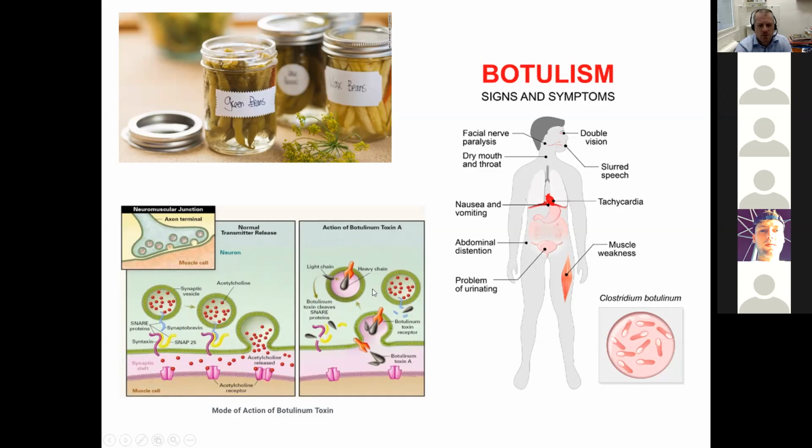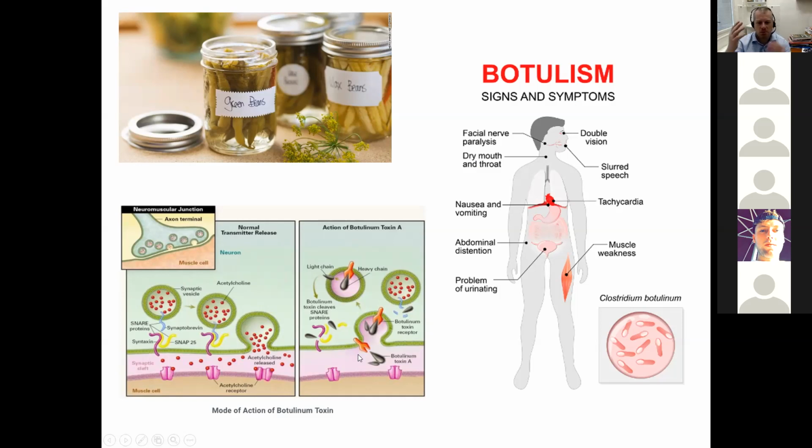And if the transport of vesicles with acetylcholine, which is the neurotransmitter on the motor end plate, connecting or transmitting the signal from a motor neuron to a skeletal muscle fiber, is blocked, the muscle fiber cannot be activated, right? So there is a paralysis of muscles.